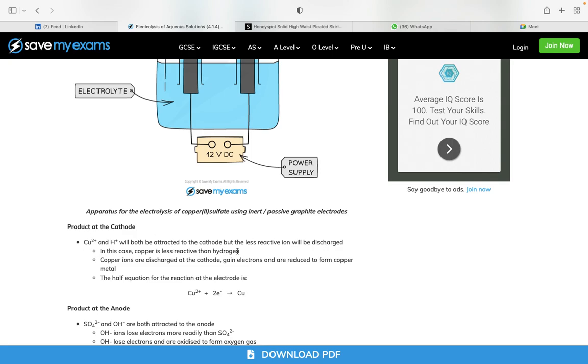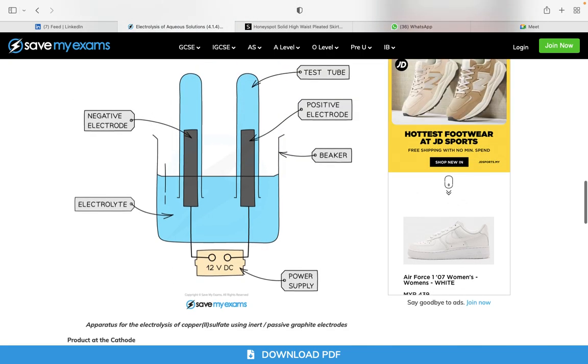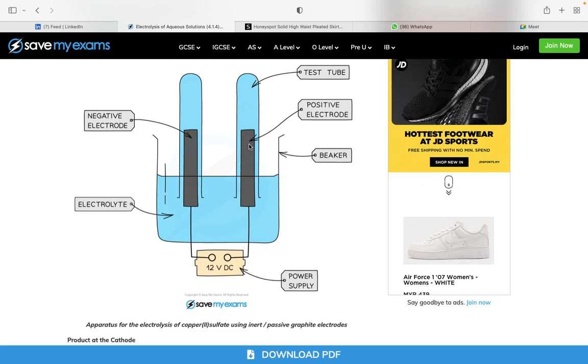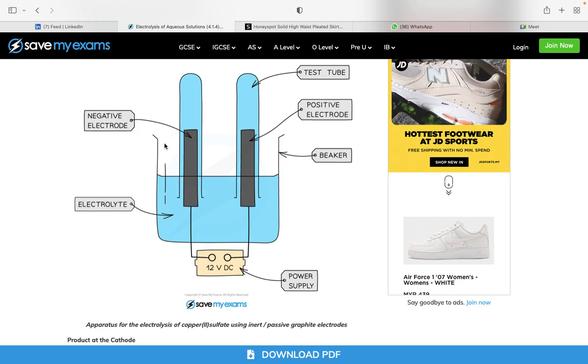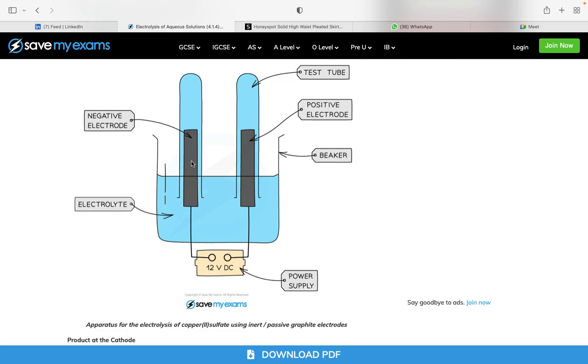In this case, copper is less reactive than hydrogen, so copper will be discharged at the negative electrode, which is the cathode.